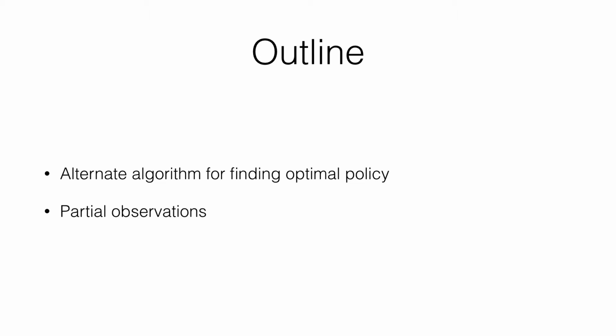In this video, we're going to talk about an alternate algorithm for finding the optimal policy, something different than value iteration. Then we'll talk about how we can extend the concept of a Markov decision process to a situation where the agent doesn't have full observability of the environment, meaning it can only get partial observations, and it can't tell exactly what state it's in, and so on.